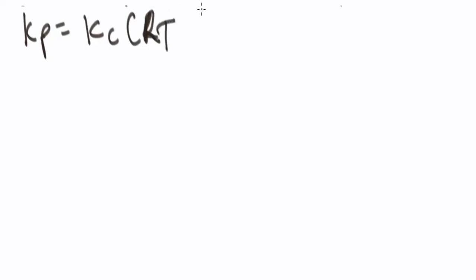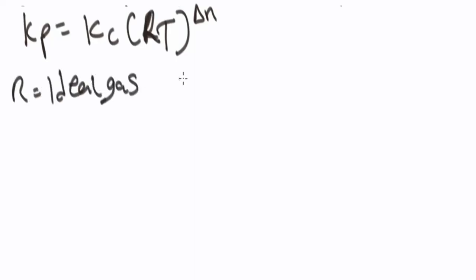The relationship is expressed in this term: Kp equals Kc times (RT) raised to the power of the change in the number of moles. Kp is the partial pressure equilibrium constant, Kc is the concentration equilibrium constant, R is the ideal gas constant, T is the temperature, and Δn is the change in the number of moles of the reaction.